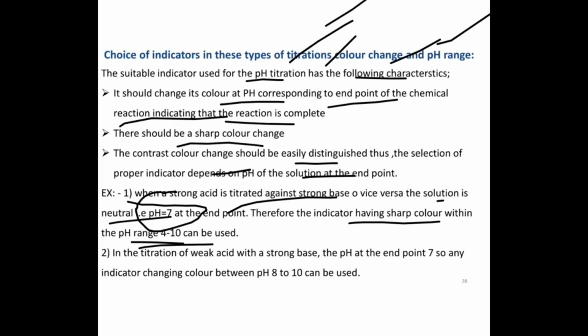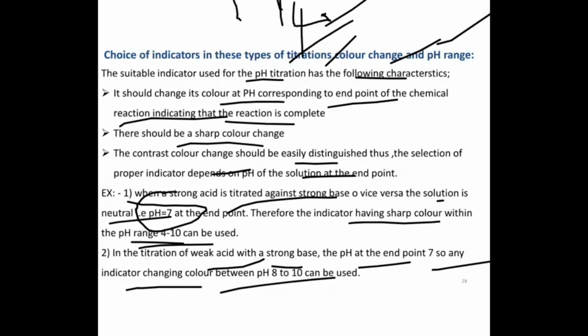In the transition of weak acid and strong base, the pH endpoint will be above 7, so any indicator with color change between pH 8 to 10 can be used. A weak acid will be around pH 5 to 6, and a strong base will be around pH 13 to 14. As on the scale, neutralization is 7, on one side 3, on the other side 14. A strong base will be around 14.